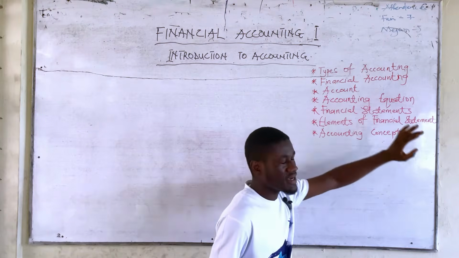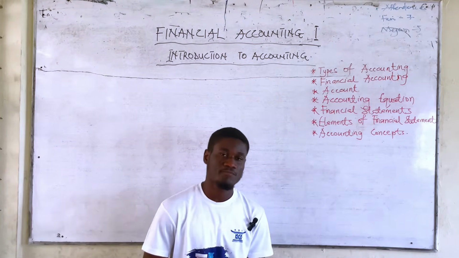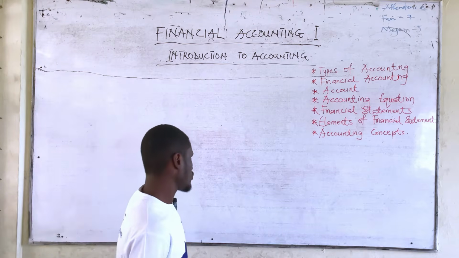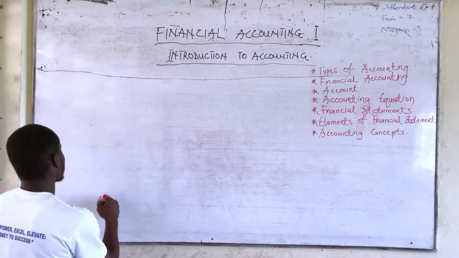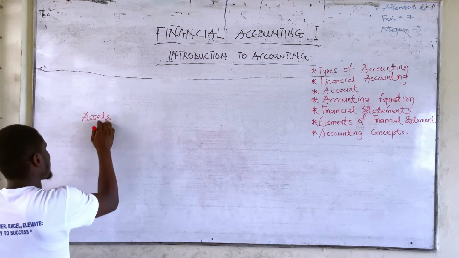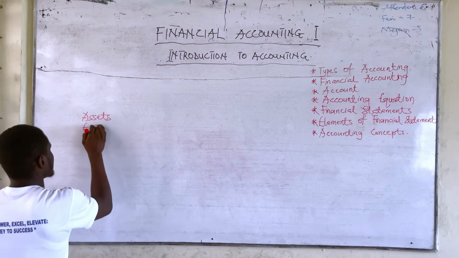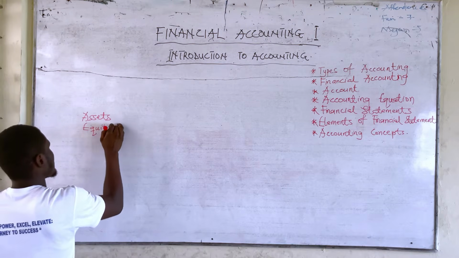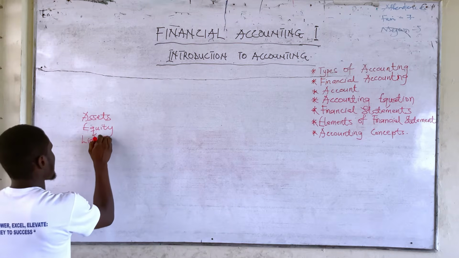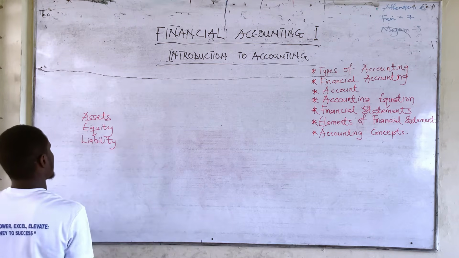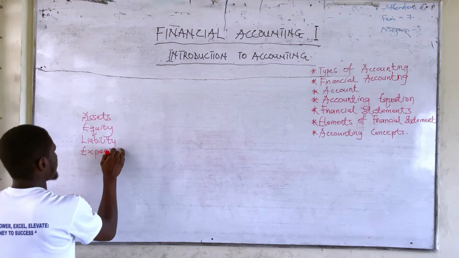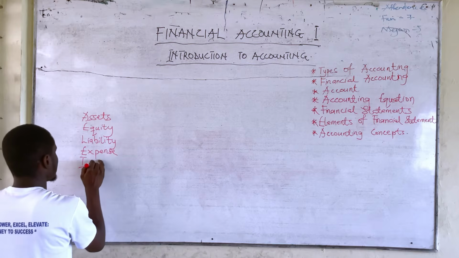Now we have elements of financial statements. Good. So with the elements of financial statements, we have our assets, our equity, which is the same as the capital, our liability, our expense, and our income.